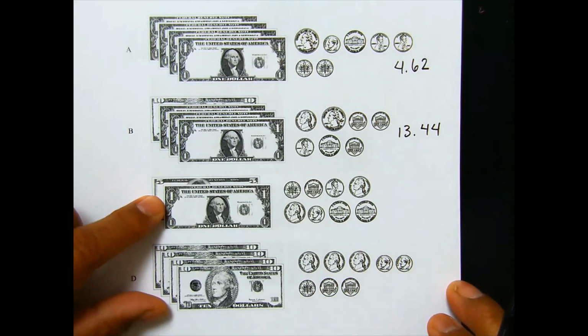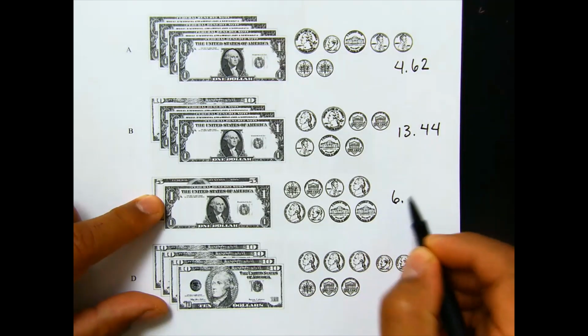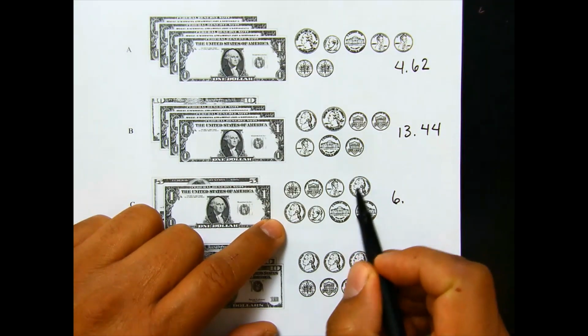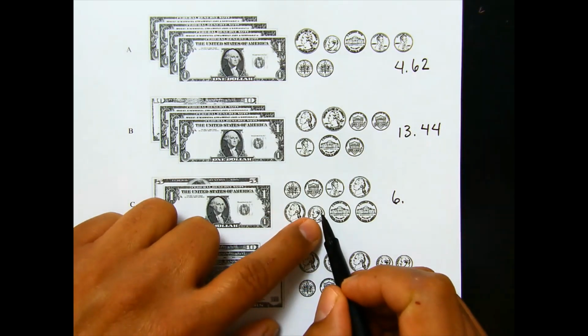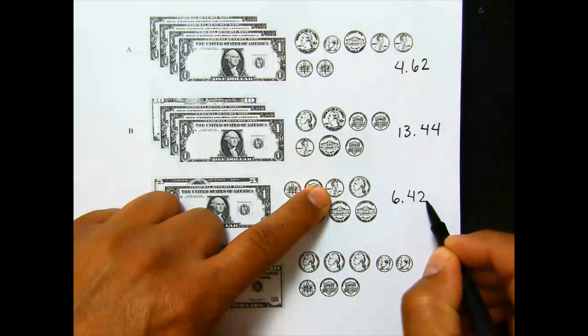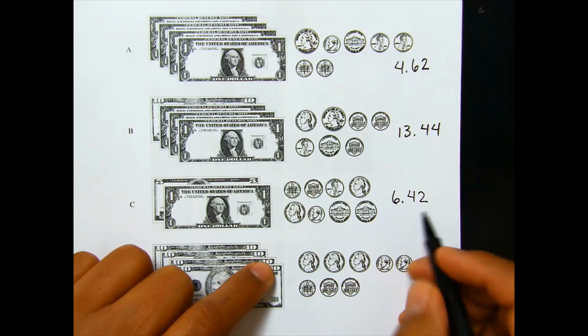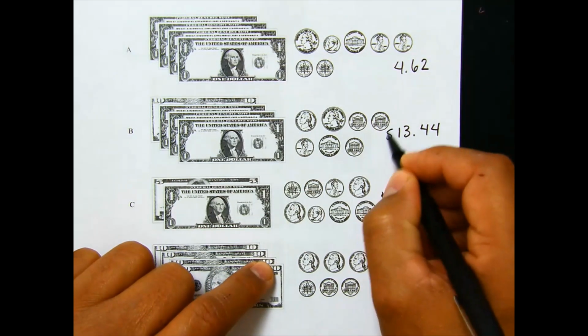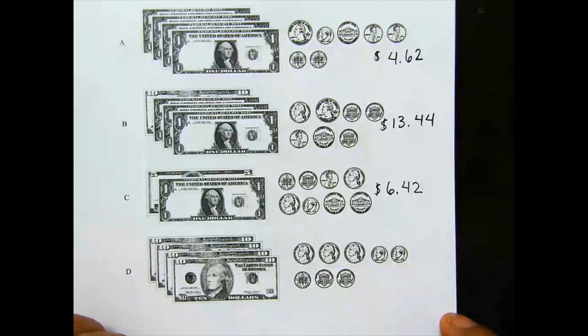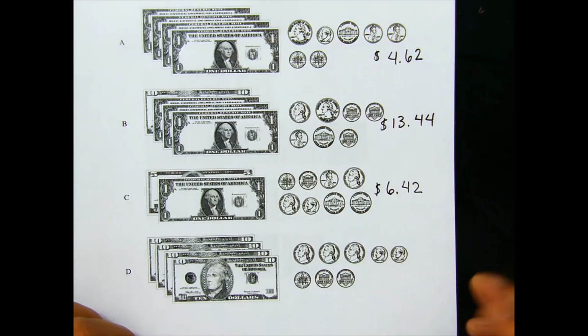So this is $6. And I have 5, 10, 15, 20, 30, 40, 41, 42. So this is $6.42. It has a 6 in the ones place, in the dollars. So far, maybe that one might be our answer.